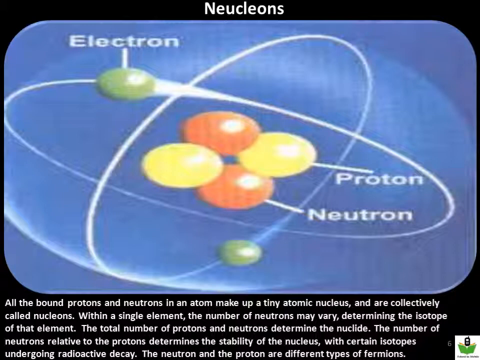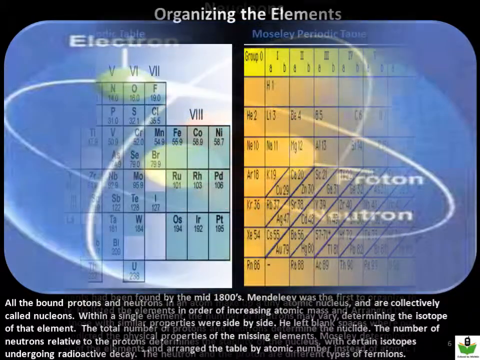The total number of protons and neutrons determines the nuclide. The number of neutrons relative to the protons determines the stability of the nucleus, with certain isotopes undergoing radioactive decay. The neutron and the proton are different types of fermions.